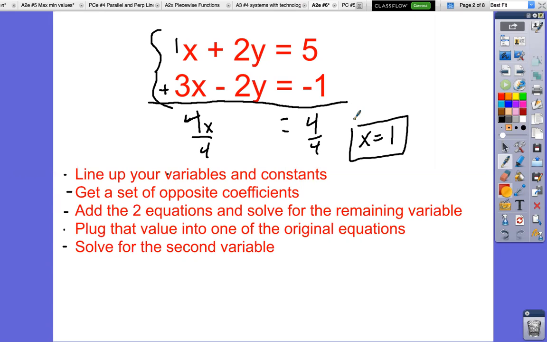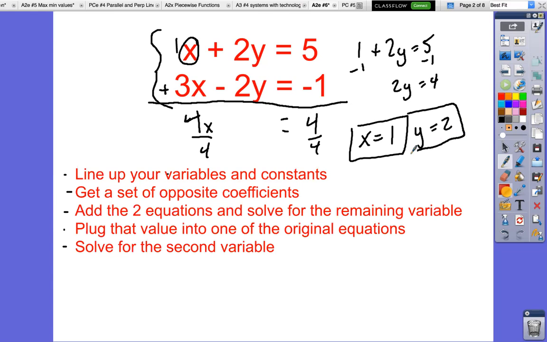Once I have found the value of one variable, I can plug it into either one of the original equations, whichever one you think is easiest. So I think the top is easiest. If x is 1, I literally plug 1 in right here. So I have 1 plus 2y equals 5. And then I solve for the last variable. Divide by 2, and y is 2.